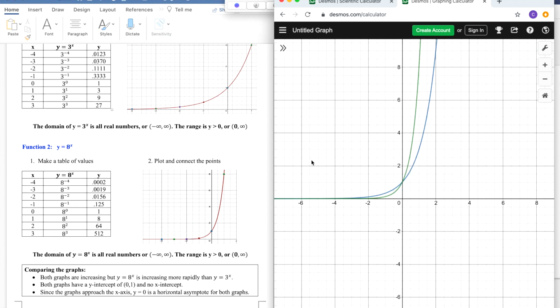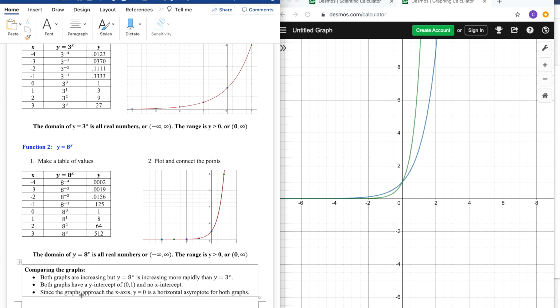There are no x-intercepts because these two graphs will never touch the x-axis or cross over. The third point, since the graphs approach the x-axis, approach means it gets close to it but actually doesn't touch. So since the graphs approach the x-axis, y equals 0 is a horizontal asymptote for both graphs, which is true.